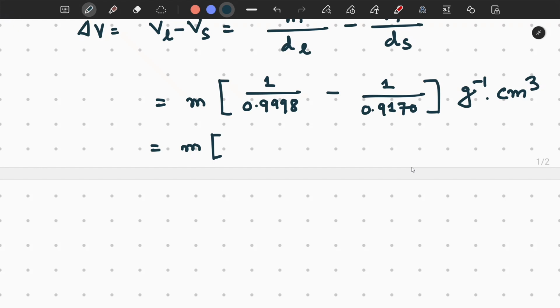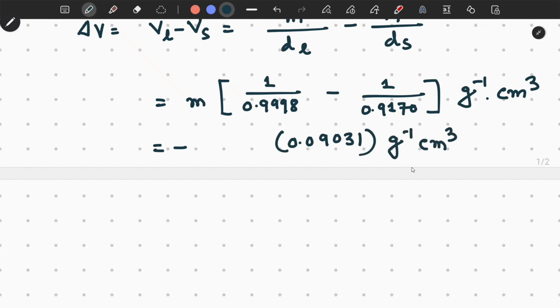1 by, it is giving a minus result. And what is the M?